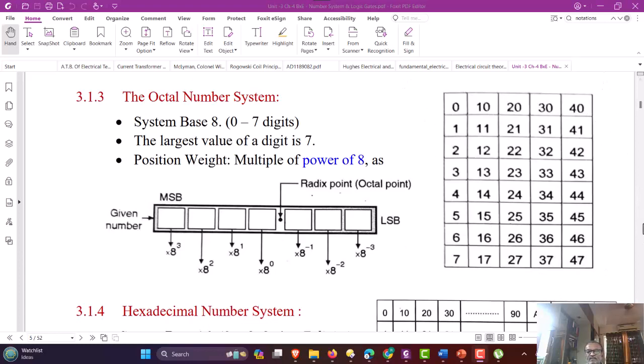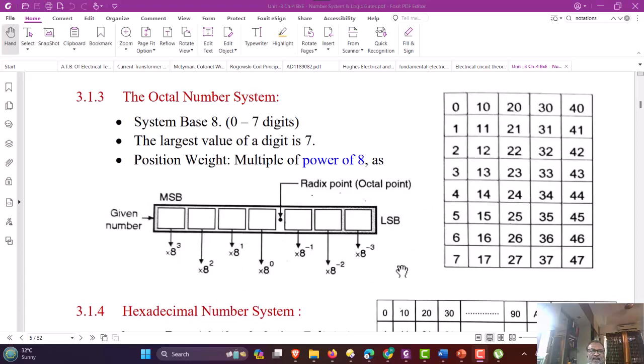In the decimal system, if you compare this, we are going from 0 to 9. After 9, it will be 10 to 19. Then after 19, it will be 20 to 29, and so on. So in every system, the logic is the same.